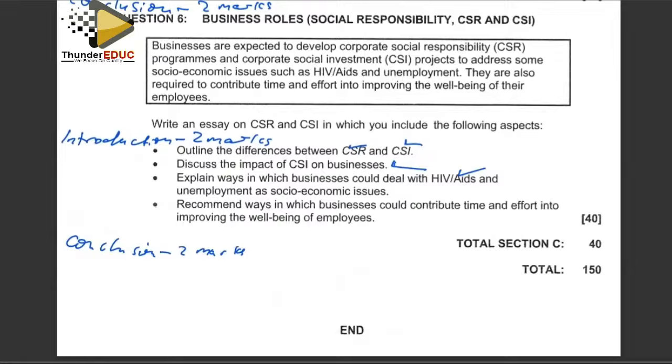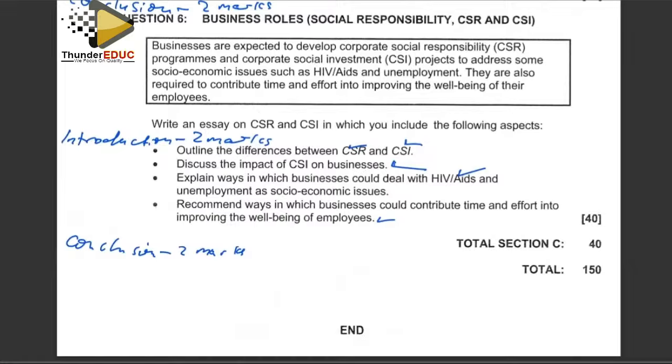Okay, right. So now grade 12, let's move on to the last bullet, where it says recommend ways in which businesses could contribute time and effort into improving the well-being of employees.